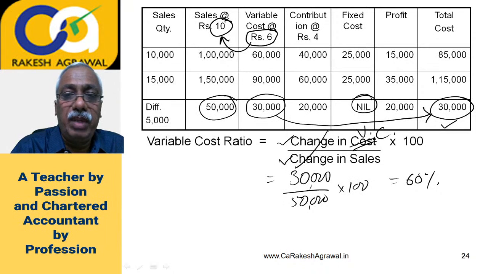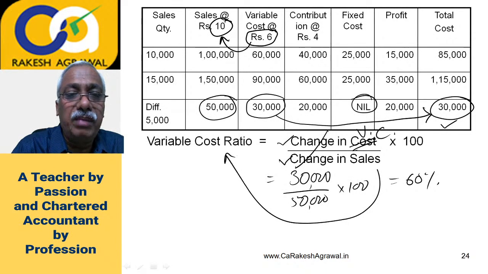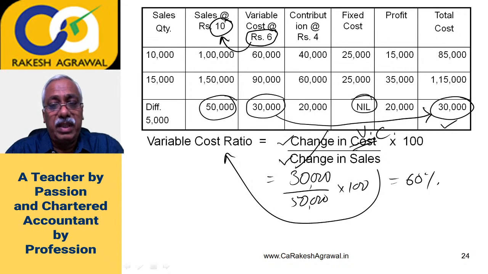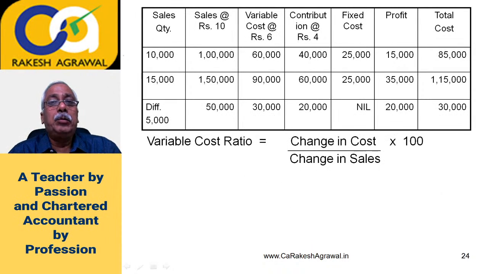And my dear friends, variable cost upon sales into 100 is the formula of variable cost ratio. Now these are quick or shortcut formulas, mathematically called differential formulas, which can help you solve questions quickly if you remember them. I tried to revise the logic of these formulas once again.